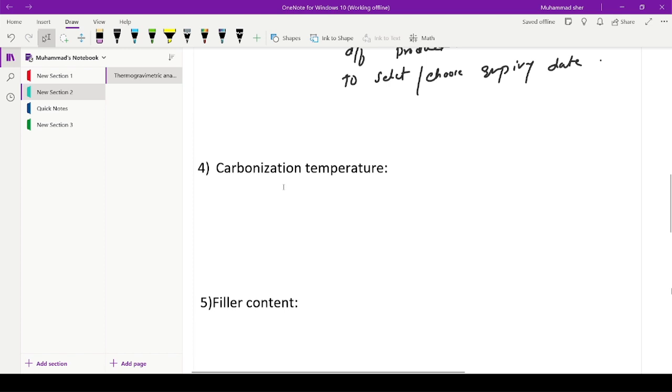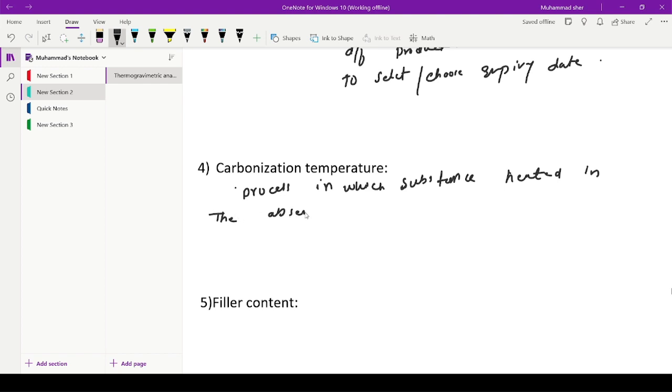Now the fourth one is carbonization temperature. Basically, carbonization is a process in which a substance is heated in the absence of air, or we can say without air or oxygen, to leave a solid porous carbon.